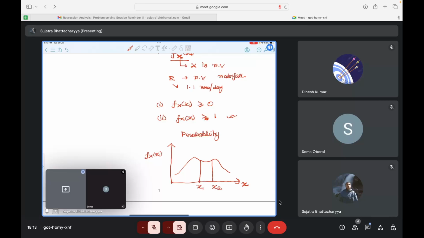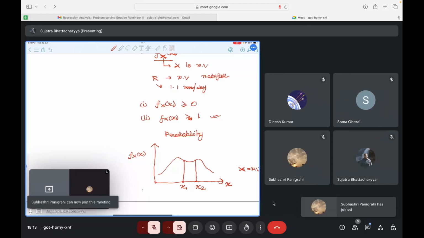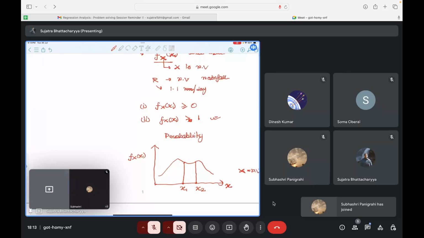These are the 2 points which the random variable will assign. If we need to find the probability of the random variable X in between x1 and x2, it will be this area under the curve.